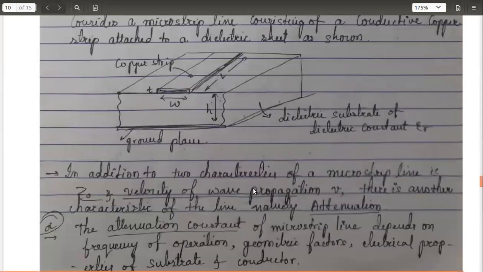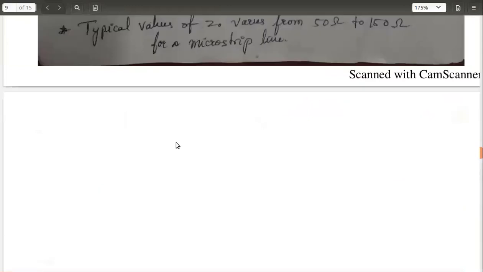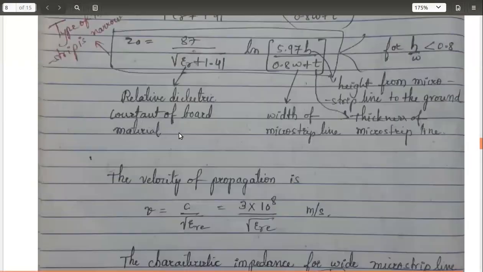In addition to the two characteristics of the microstrip line, that is Z naught and the velocity, let me quickly show you in the previous slide. We have seen what Z naught is here. And one more thing, I think I missed out, the velocity of propagation. Ideally speaking, if air is the medium, free space, the velocity of the wave traveling is equal to c, 3 into 10 to the power of 8 meters per second.